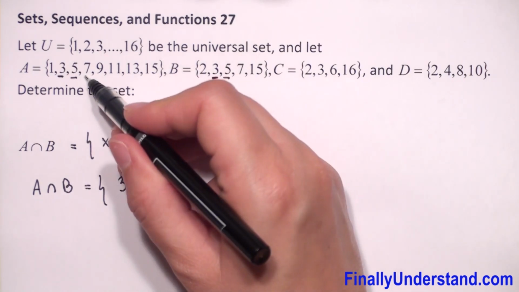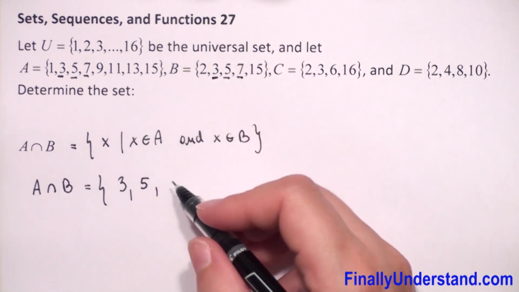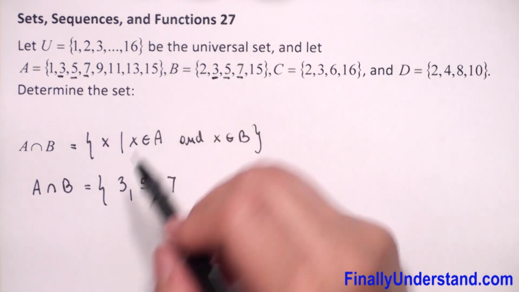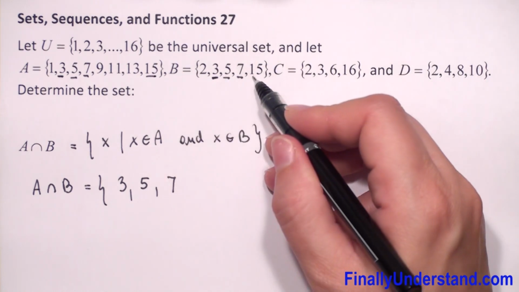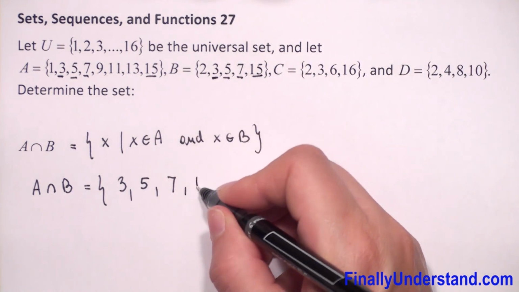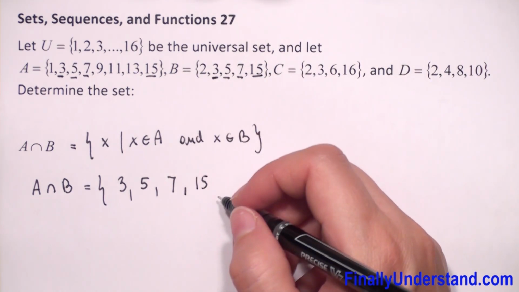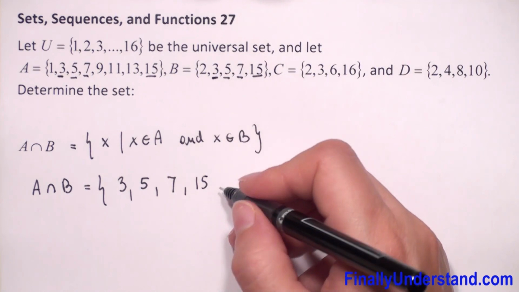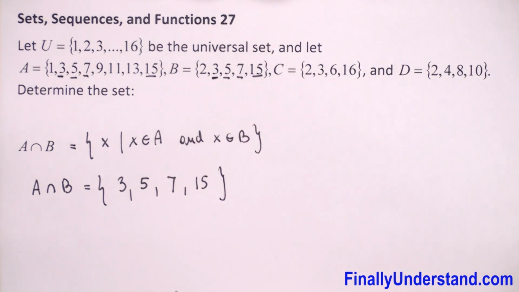We have 7 and 7, and we have 15. 15 repeats in both sets. So this is our intersection of sets A and B. In other words, it is our product of sets A and B.